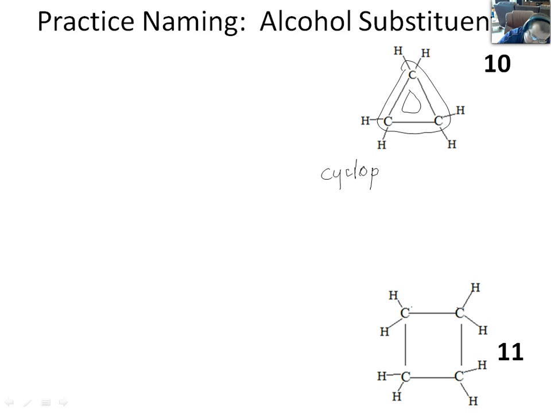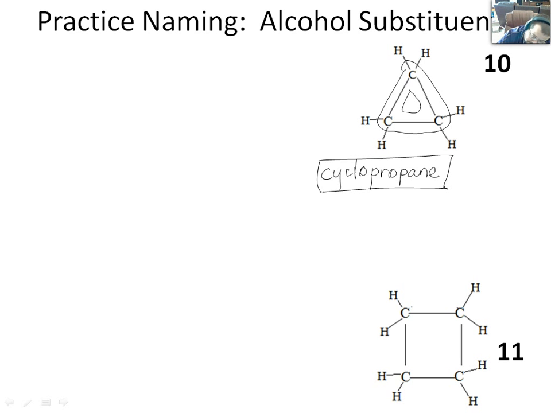Prop. Ane is going to end it because we've got an alkane. Now, the next question, because this is the parent, would be what's hanging off? We have no substituents in number 10. So all I have is the parent chain. So I'm going to call this cyclopropane.